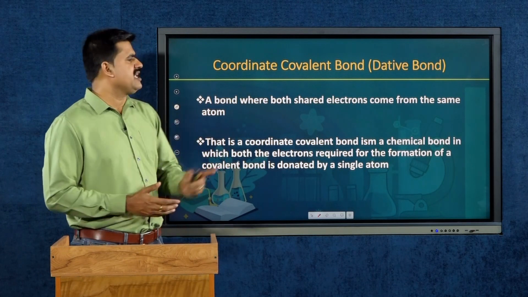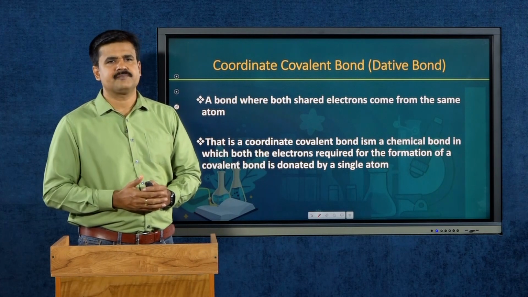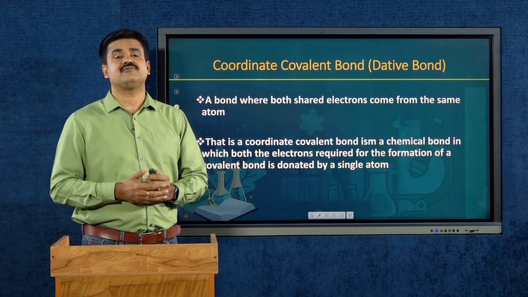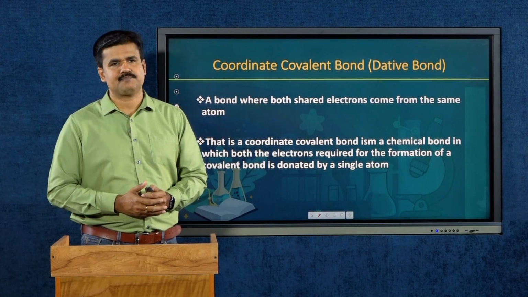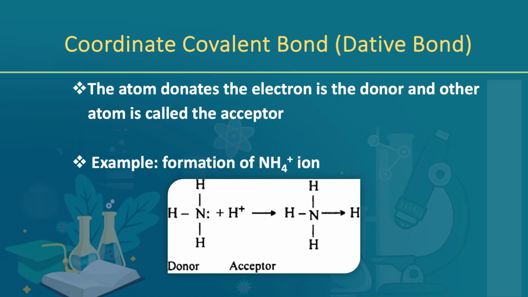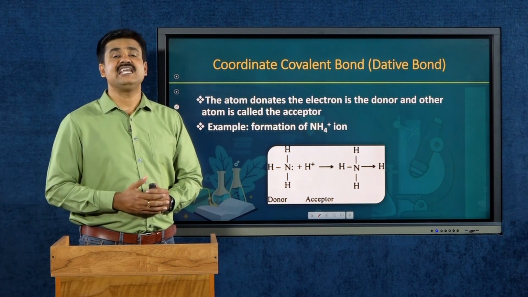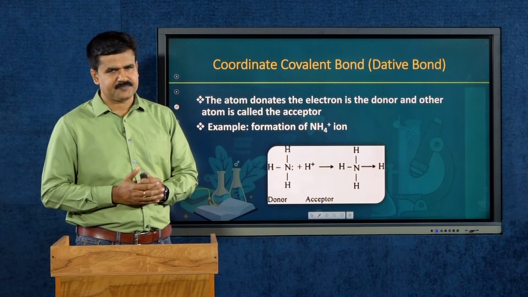That is, a coordinate covalent bond is a chemical bond in which both the electrons required for the formation of a covalent bond are donated by a single atom. The atom that donates the electrons is known as the donor and the other atom is called the acceptor. So you can say that the coordinate bond or dative bond is a kind of donor-acceptor bond.